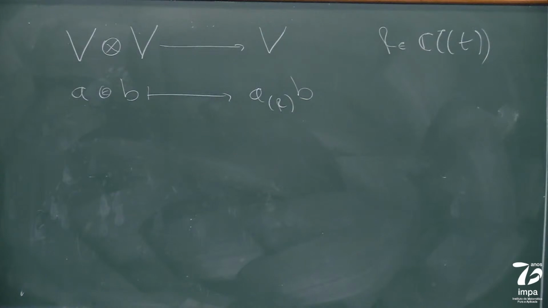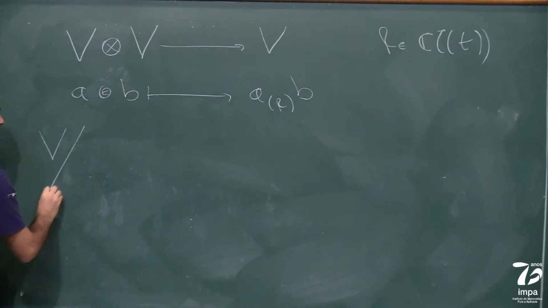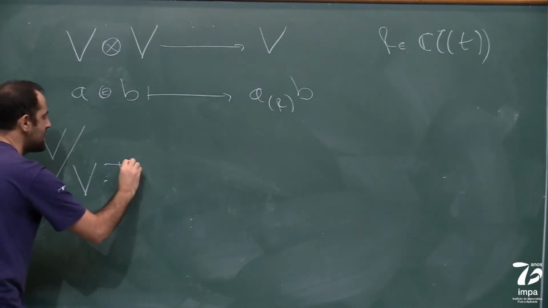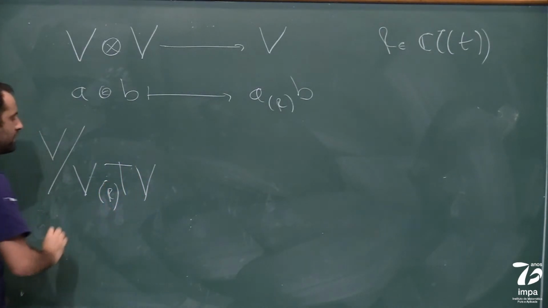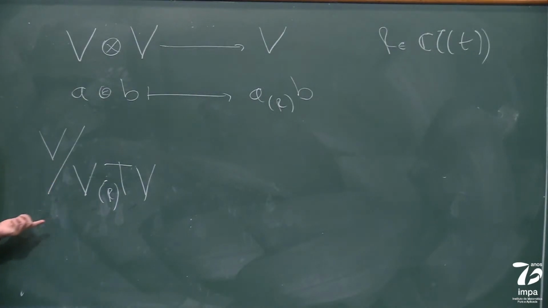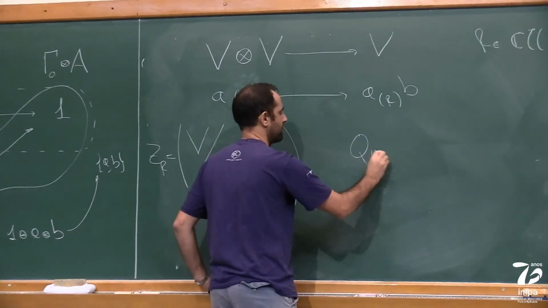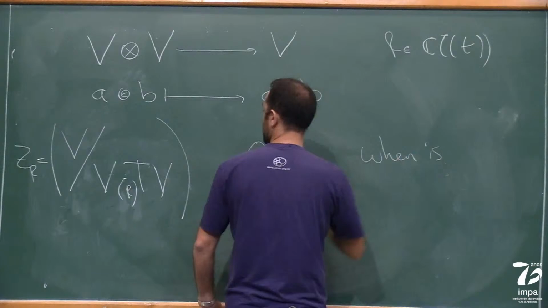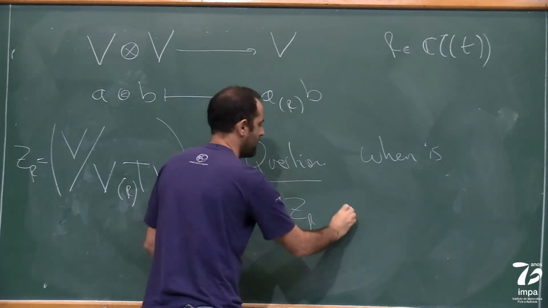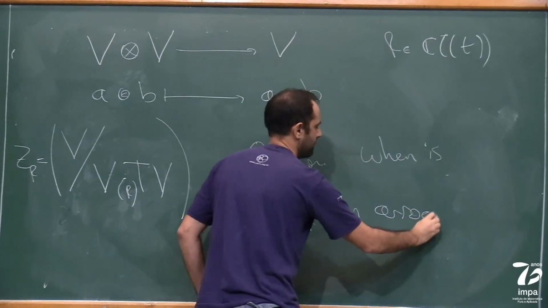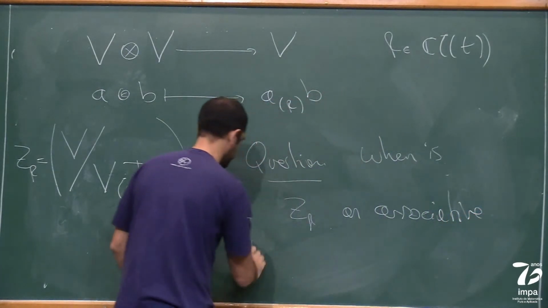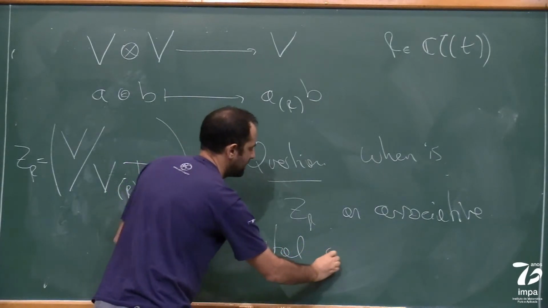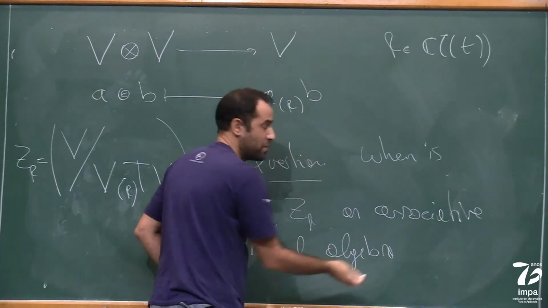And then you ask when, if you kill the ideal generated by derivatives with respect to the f product, so you define this as Z_f. So the broad question here is, when is this quotient Z_f an associative unital algebra with the f product?